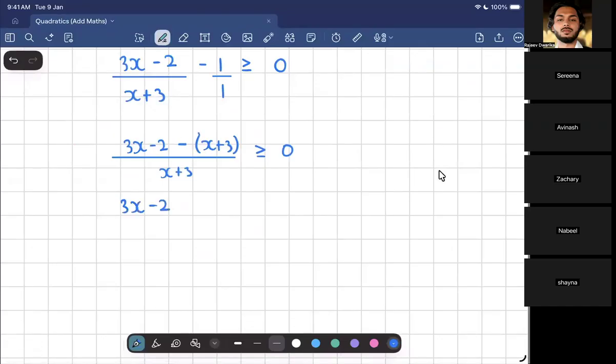All right, so now we have to expand the bracket. So what is negative by x? Negative x. And what is negative by positive 3? Negative 3. Right, what next?